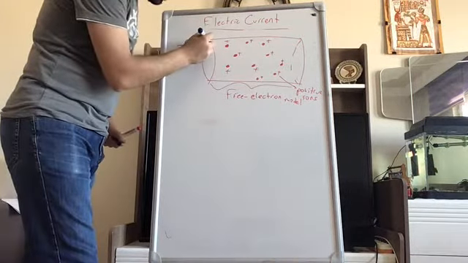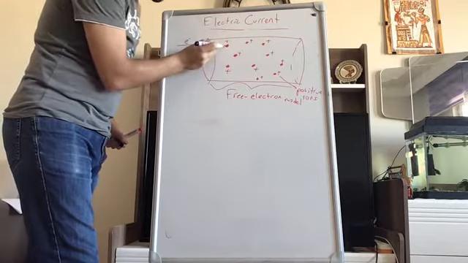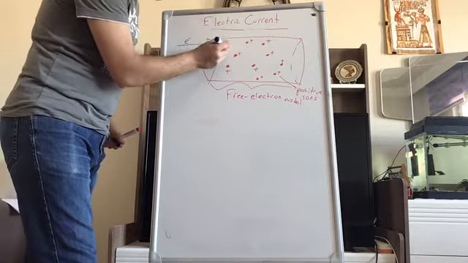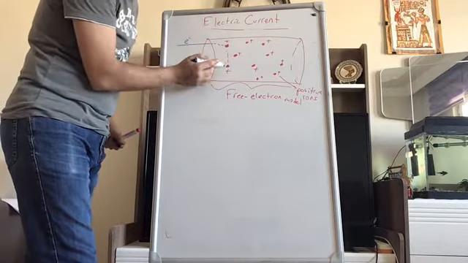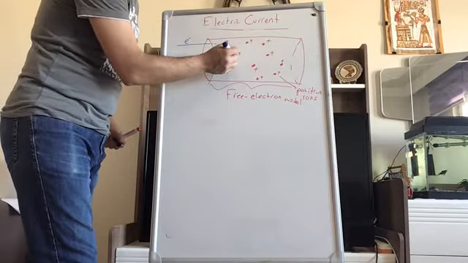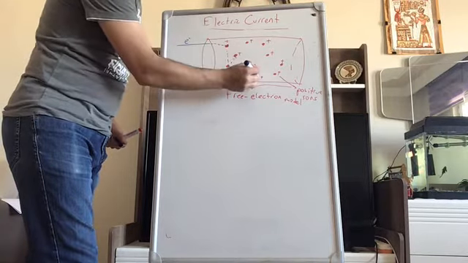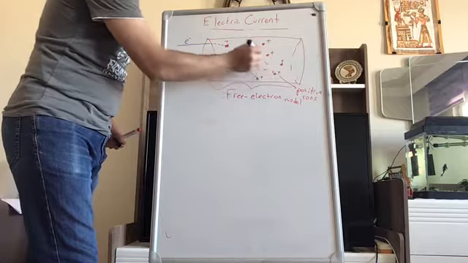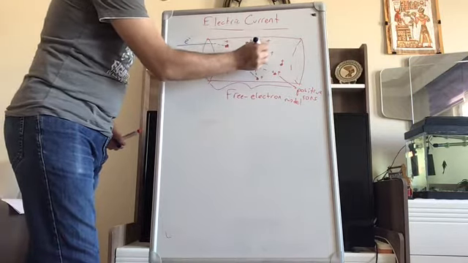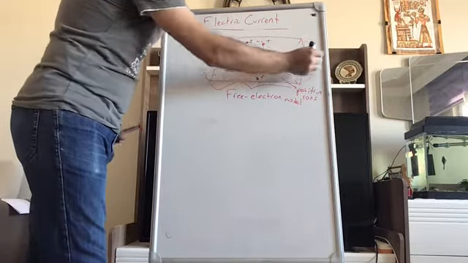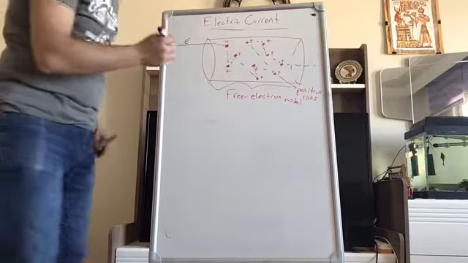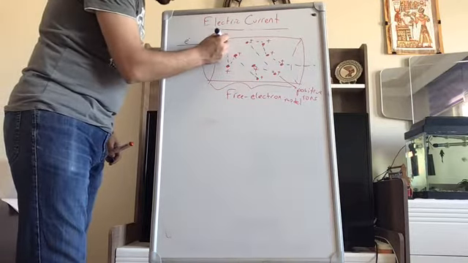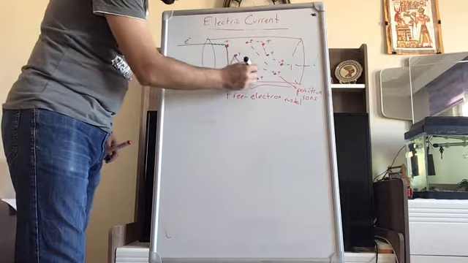Now, what happens to this electron when it enters the material? It keeps moving, and then it's going to hit one positive ion. It's going to change direction, and hit another one. Change direction, hit another one. So it is going to move in this way. Let me just make a solid curve.